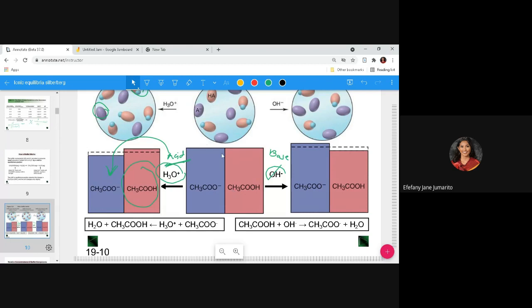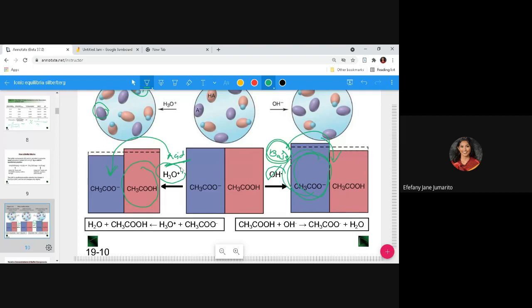If we add more base, then the base will react with the weak acid. Then we will have more of your conjugate base. So that's it.